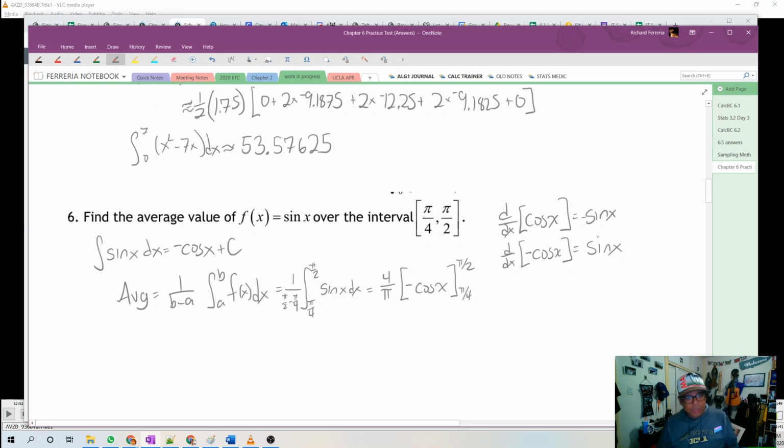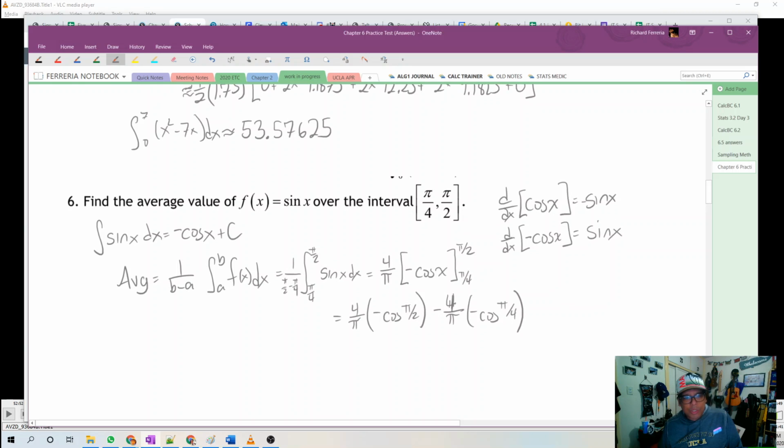Now we just need to substitute. So 4 over pi, negative cosine of pi over 2, minus 4 over pi, negative cosine of pi over 4. So now this turns into a little bit of a trig problem. 4 over pi, and the cosine of pi over 2 is 0. So that's going to zero out.